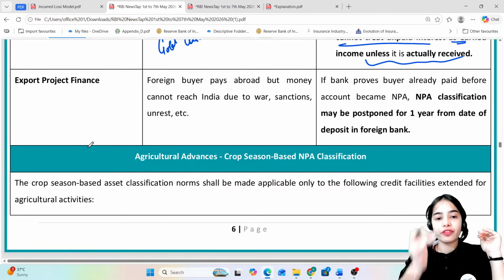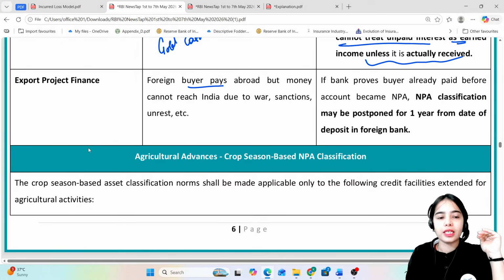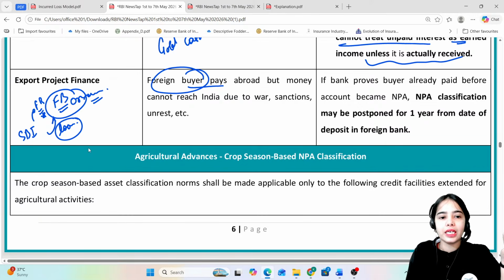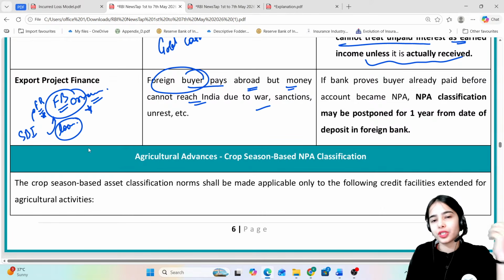Now, export project finance. So foreign buyer pays. Let's say the foreign buyer has taken a loan from the State Bank of India foreign branch. Okay. So a foreign borrower has taken a loan from the State Bank of India overseas branch. Now the foreign borrower has paid abroad, but the money cannot reach India due to war or sanctions or unrest.